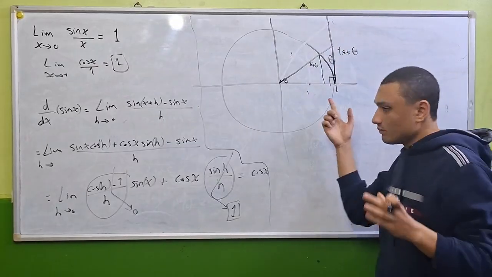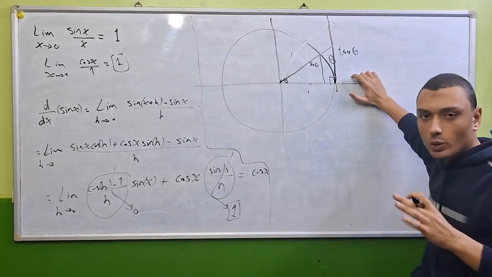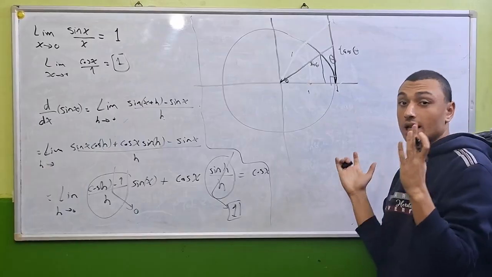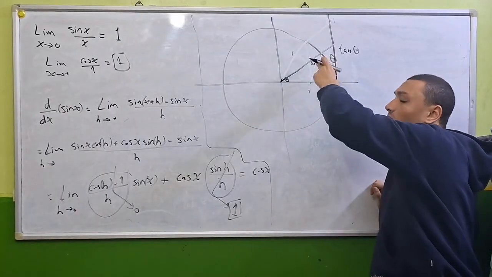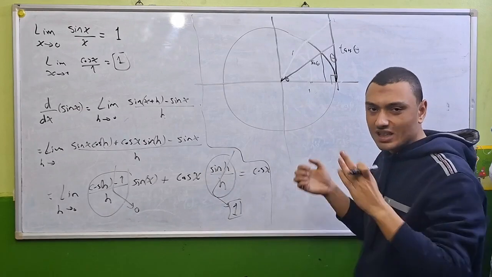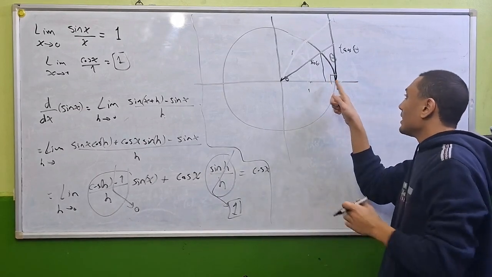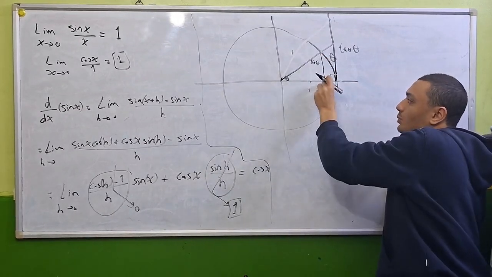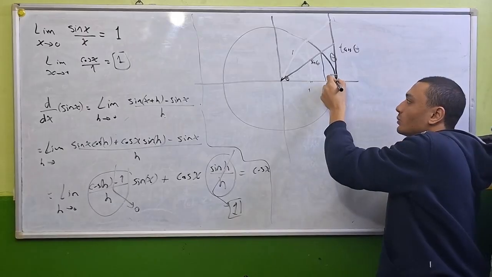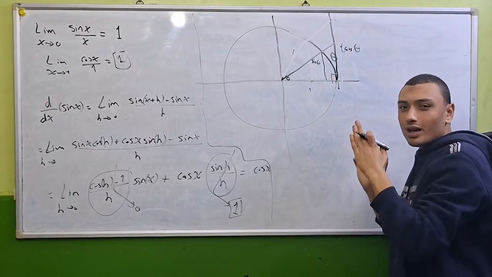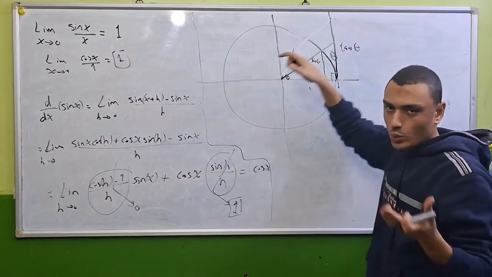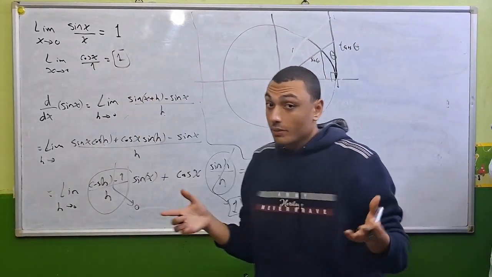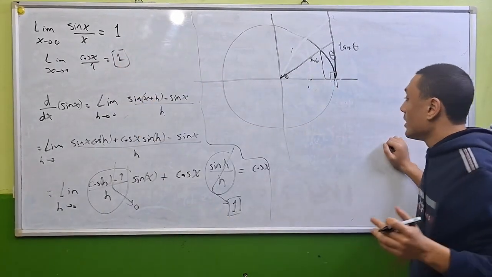You can see that it is equal to 1 physically, because as the arc length gets smaller and smaller, this arc gets closer and closer to being a straight line. So this point moves to the right to being at this point. So they are getting closer and closer to each other. That's why it is equal to 1, but this is not a rigorous proof.